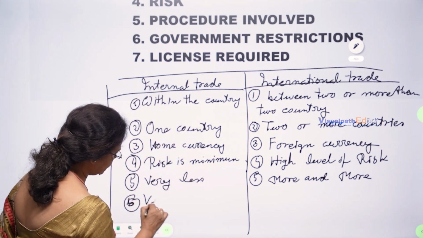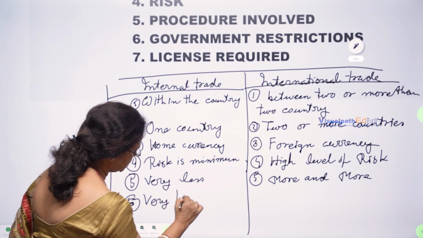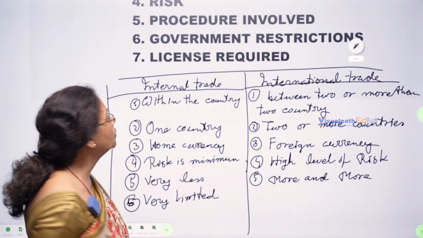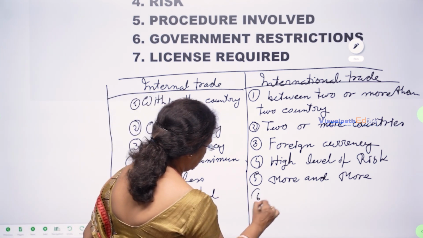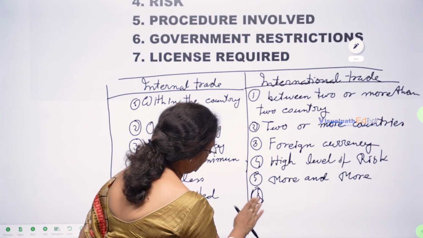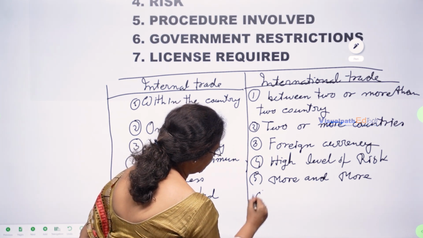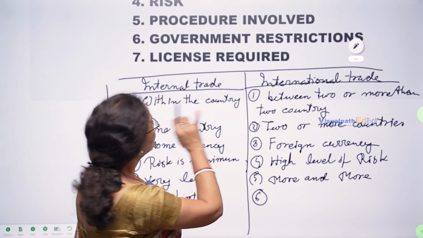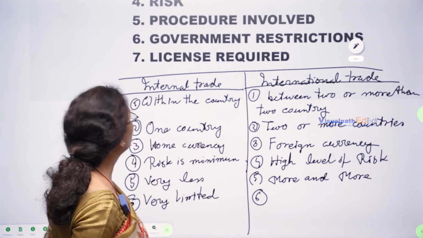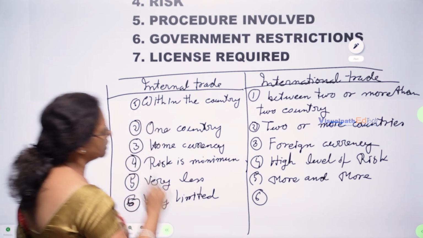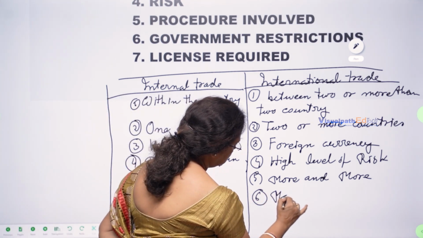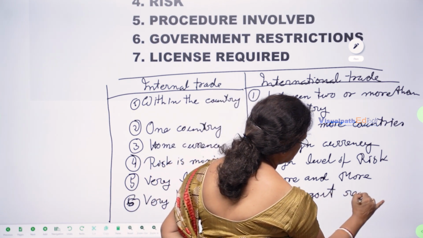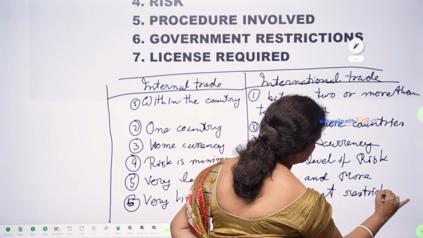But in case of international trade, a lot of government policies are there. They have to follow different legal procedures. So that is why government restrictions are more.